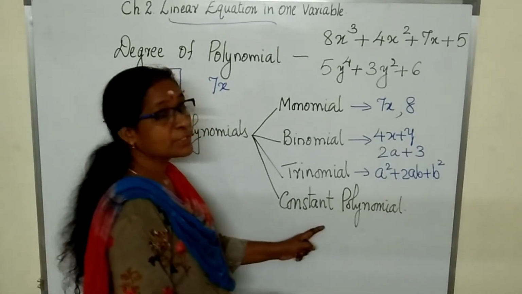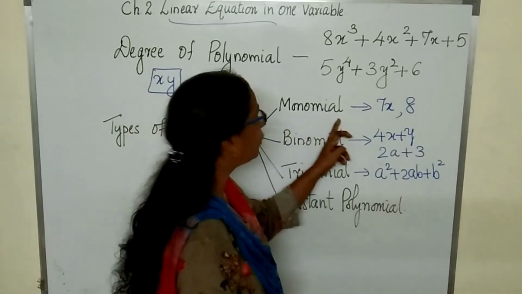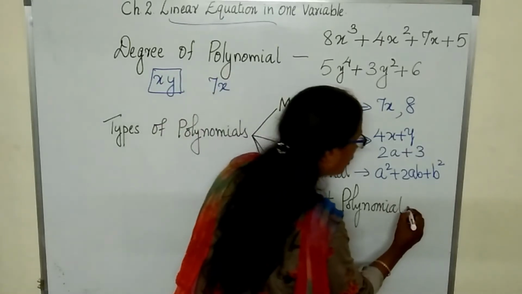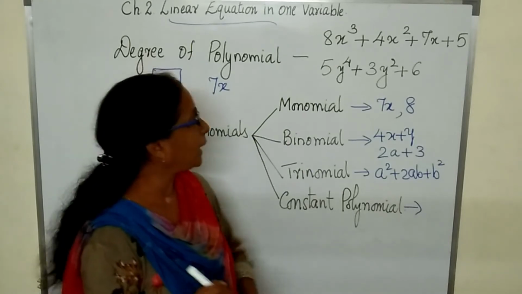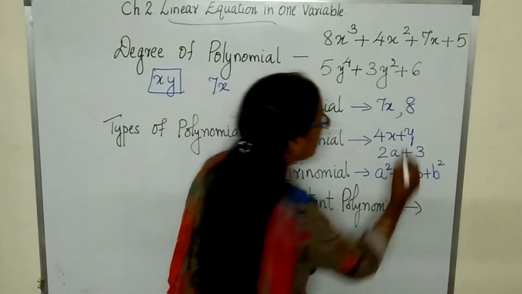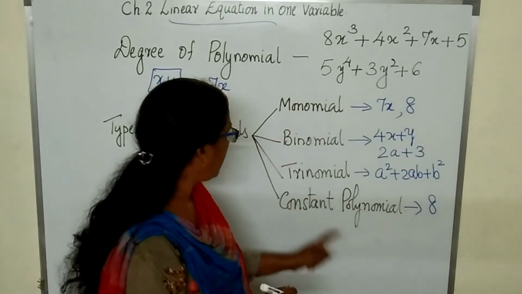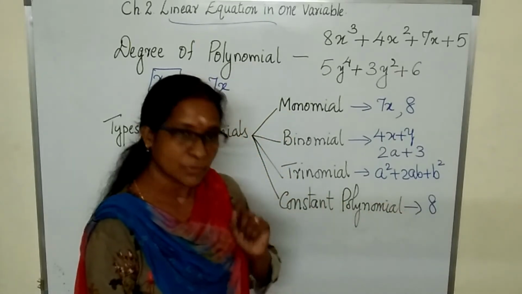Now what is a constant polynomial? Constant polynomials are actually monomials with no variable. That means there will be only a constant, or a constant means the power of the variable is 0. If you write here, see example 8 is a constant polynomial because there is no variable, means the power of the variable is 0.